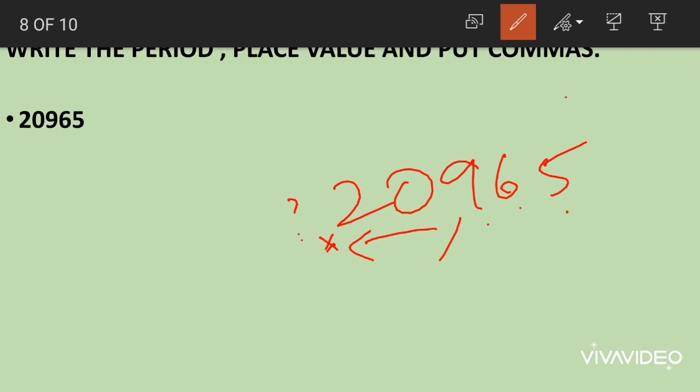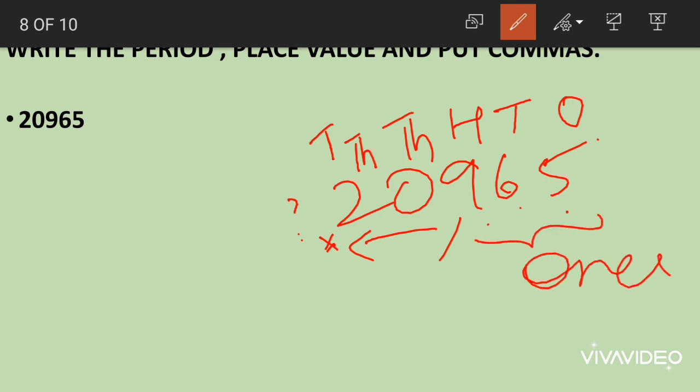Now let us write the place values. Ones, what comes after ones? Yes, tens, then comes hundreds, then comes thousands, and then comes the new place value we have learned today, which is the 10,000. Now how do we read this? What about the periods? Ones, tens and hundreds fall under ones period.